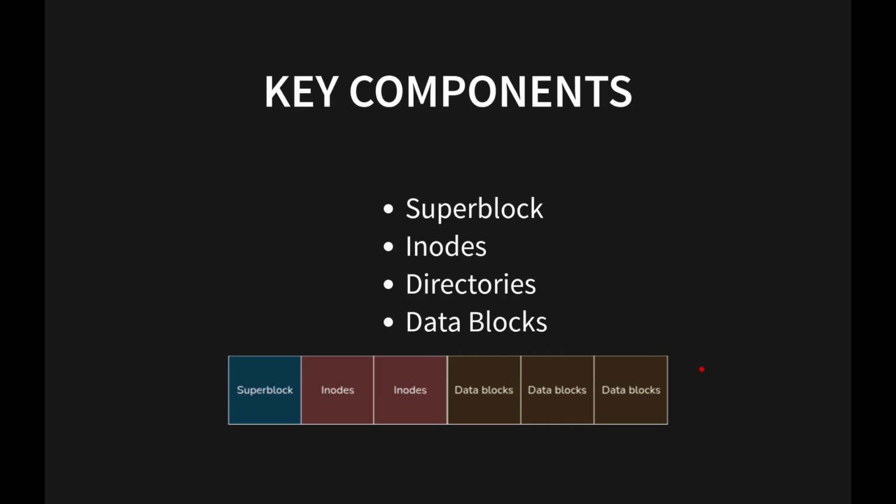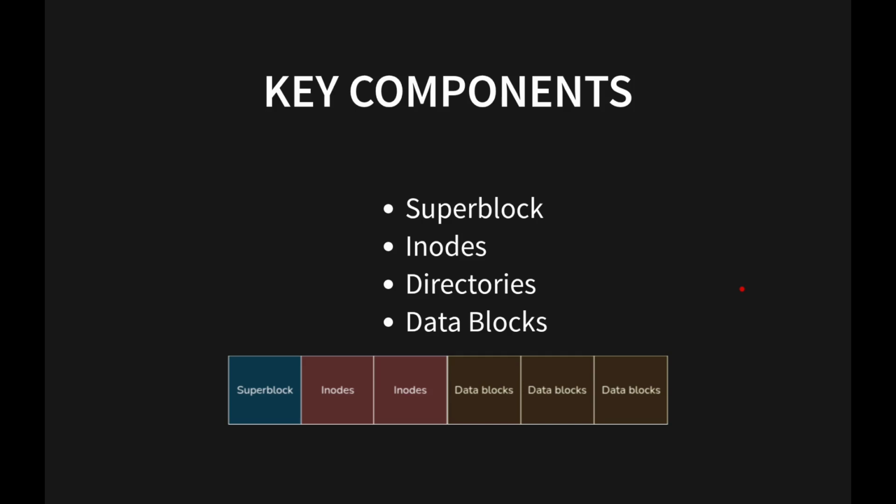So every file system has a few data structures or components that are common between the different types of file systems we currently have, such as Superblock, Inodes, Directories, and data blocks. These are the core components of every single file system that exists.